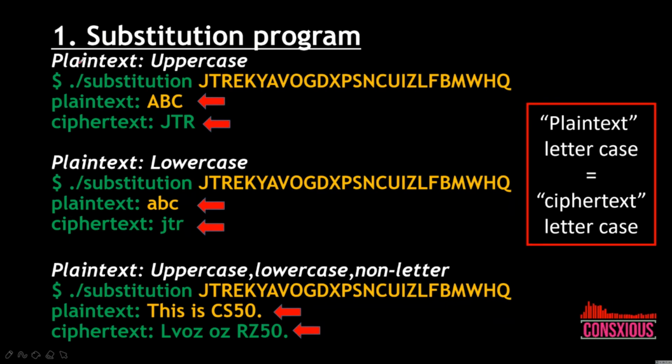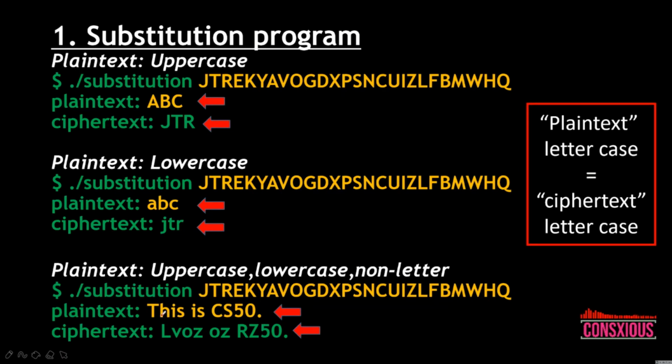You can see here the plaintext is uppercase, and the ciphertext will also become uppercase regardless of the key. The key is currently uppercase, so both are the same case. So: lowercase with lowercase, a mixture of uppercase and lowercase, and non-letters.